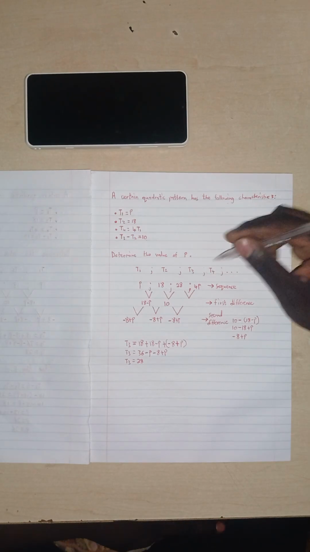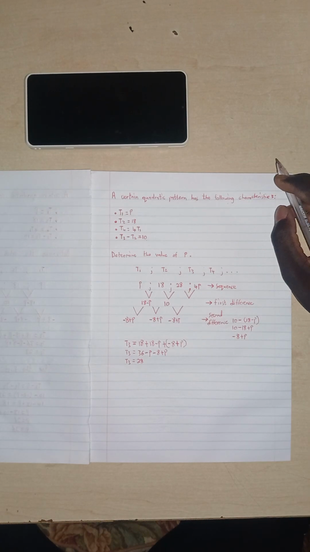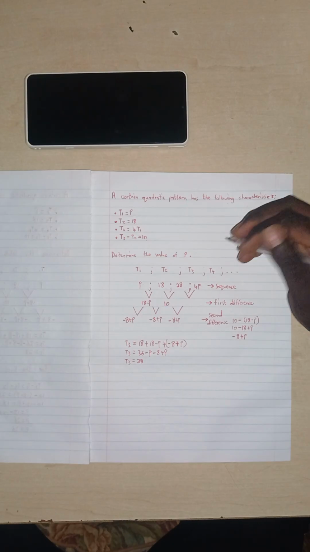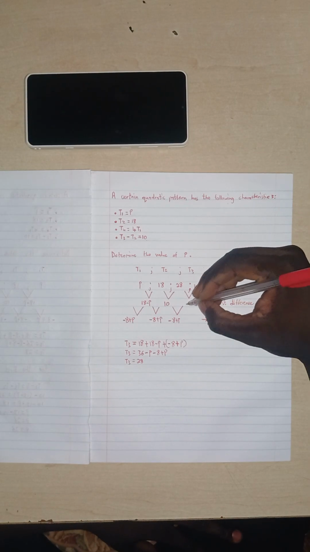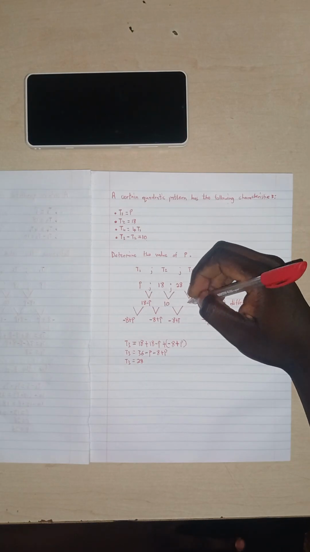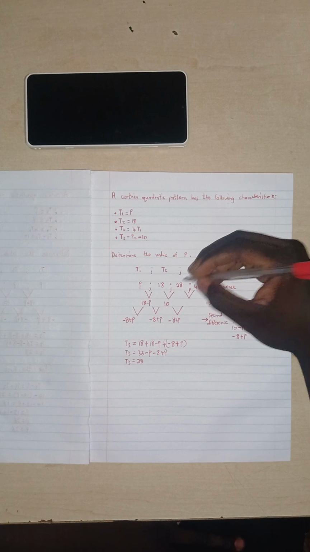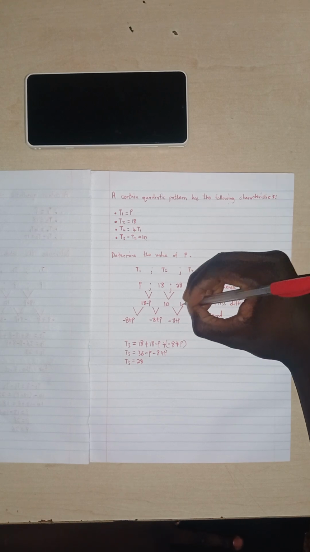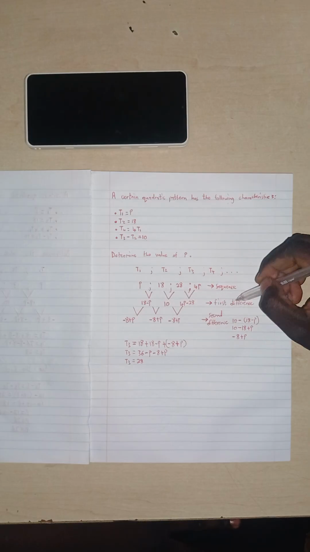So since we managed to come out with this information, we now know that the next term of this linear pattern will be 4p minus the 28, right?